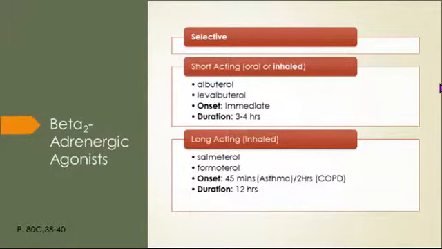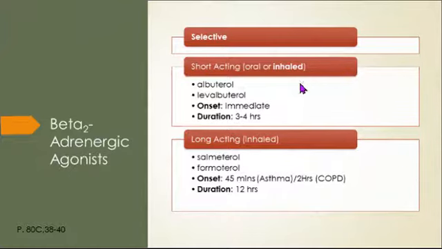Okay, so your selective beta 2 adrenergic agonists work on those beta 2 receptors to stimulate smooth muscle relaxation in the bronchioles. Short-acting, they're oral or inhaled, mostly inhaled, albuterol and levalbuterol, but albuterol's in that name. There's a bunch of brand names for these, such as ProAir, multiple things, but they all are albuterol. They work immediately. They can last 3 to 4 hours. Sometimes people are in such a bad state, you're doing it every 2 hours or even less.